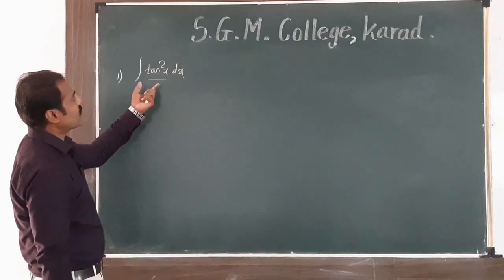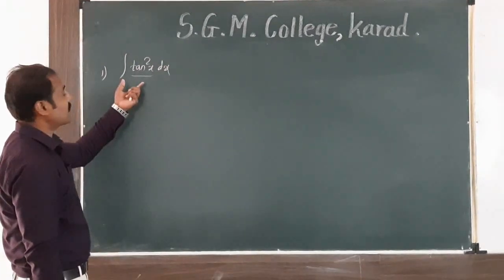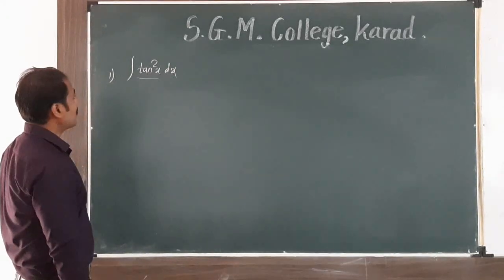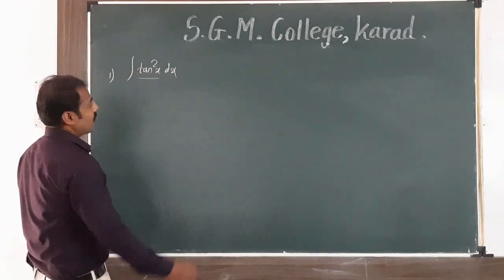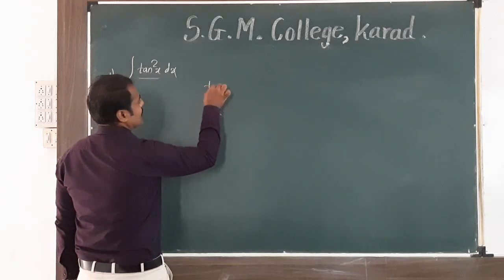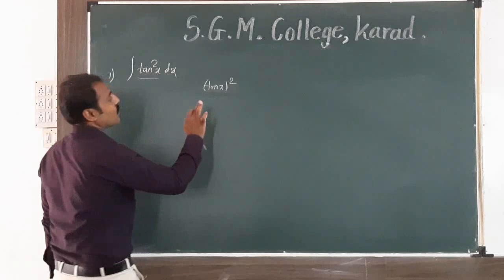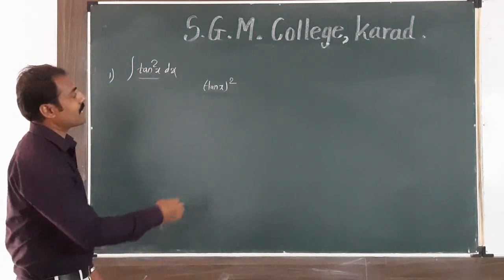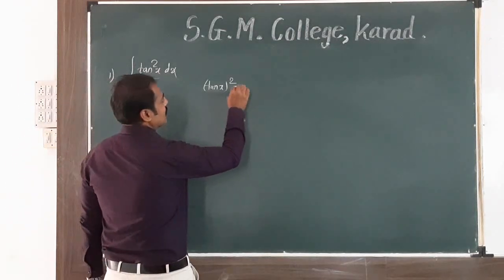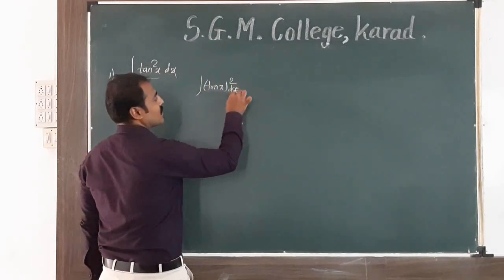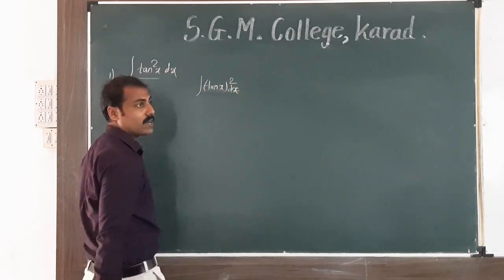Tan x is a trigonometric function, so this example of integration is which type? Trigonometric functions. Okay, so here we can't write this as tan x bracket square, or we cannot find the integration of tan x bracket square as integration of x raised to n, that is, x raised to n plus 1 divided by n plus 1.